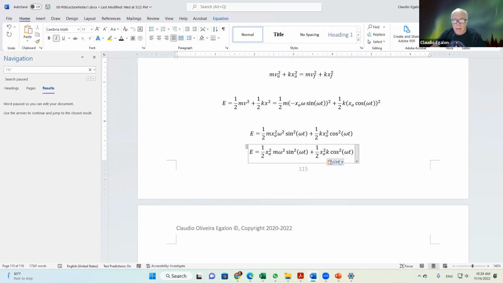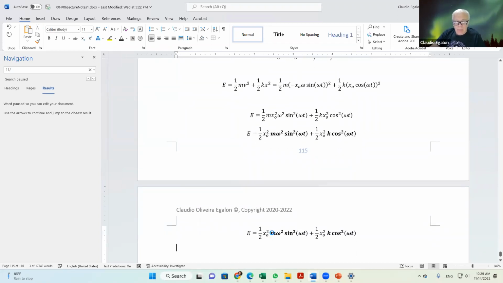And what is not the common term is those two. Let's put in evidence what is common, and you're going to see an interesting result that you're going to get.